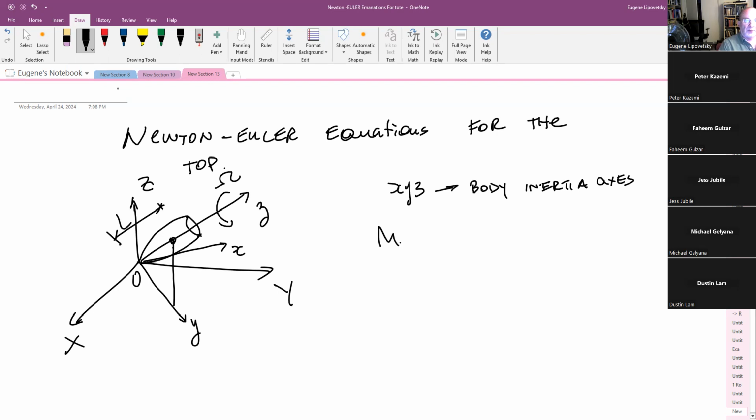Here the M sub X equals to, this is the W, WL. Let me introduce this is the angle theta. WL sine theta.